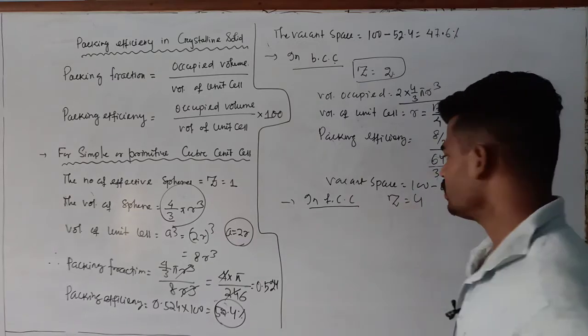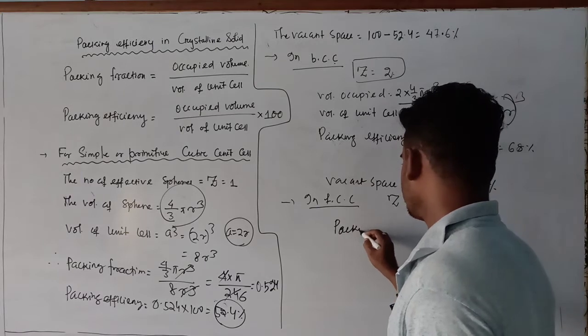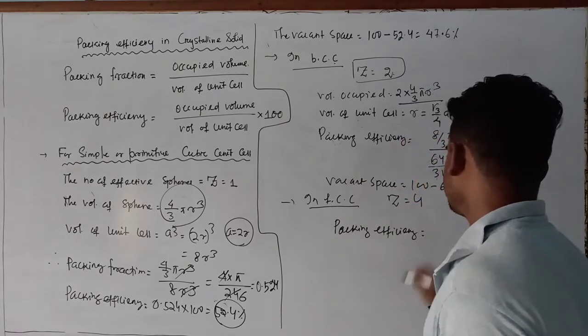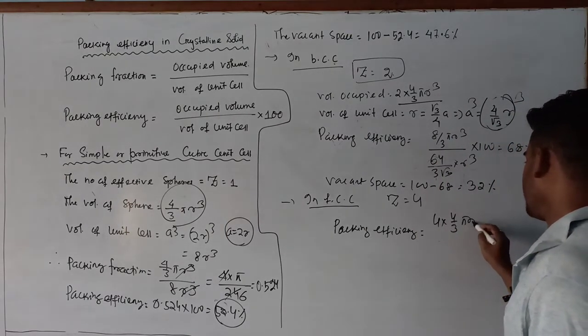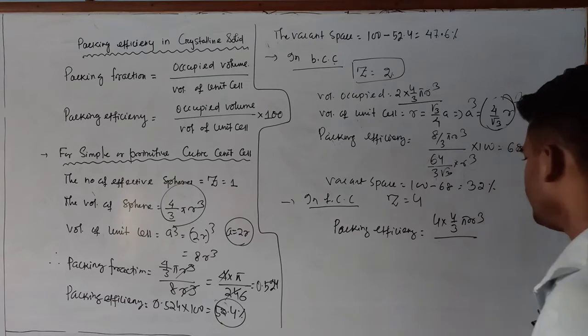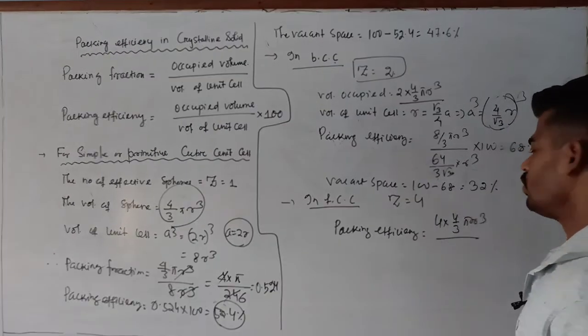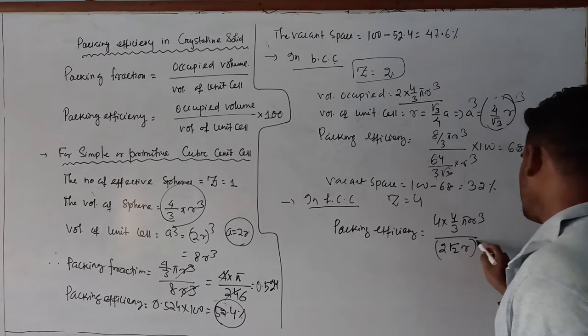4 we have got. So packing efficiency is equal to volume occupied, 4 into 4 by 3 pi r cube, divided by a cube, and the relationship that we have got, a is equal to 2 root 2 r, so 2 root 2 into r whole cube.